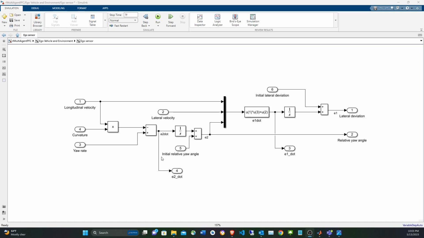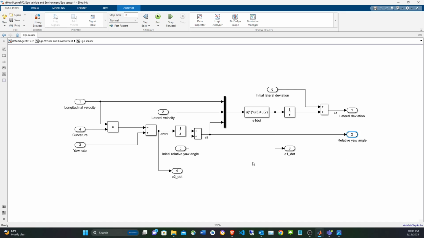They subtract each other, and you get that relative rate of angle change. Then you integrate that with the initial relative yaw angle error, and you get the relative yaw angle error. These two go to the observation. So this is E2 and this is E2 dot, the derivative of E2.